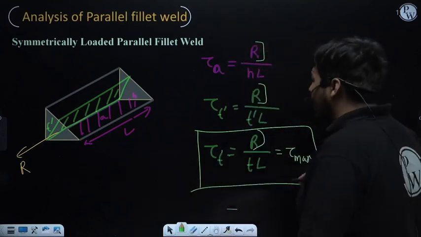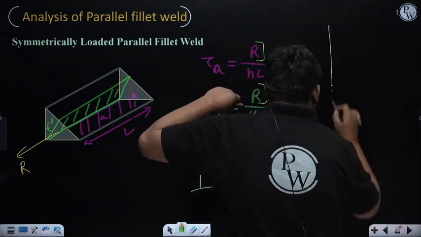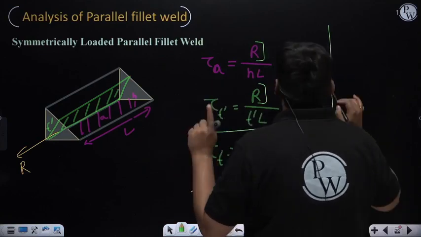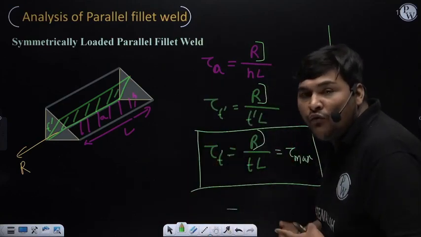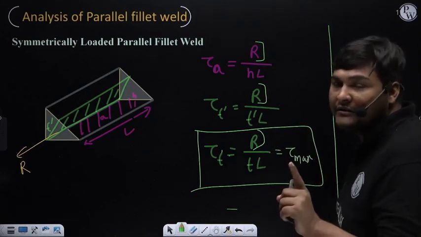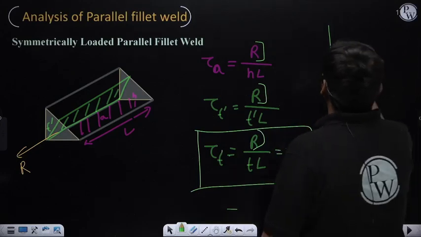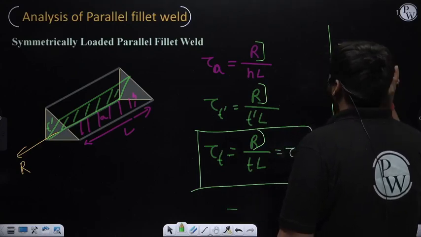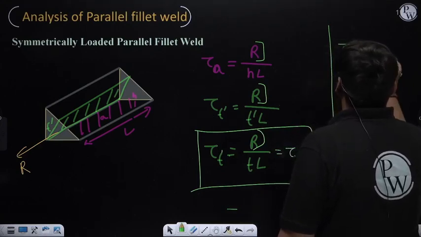Okay. So if I summarize all this, in the case of a parallel fillet weld, whenever stress is coming only due to force, that is, primary stress is coming, and that force is parallel to the weld length, then shear stress will be induced in our weld, and we will always calculate shear stress in the throat.